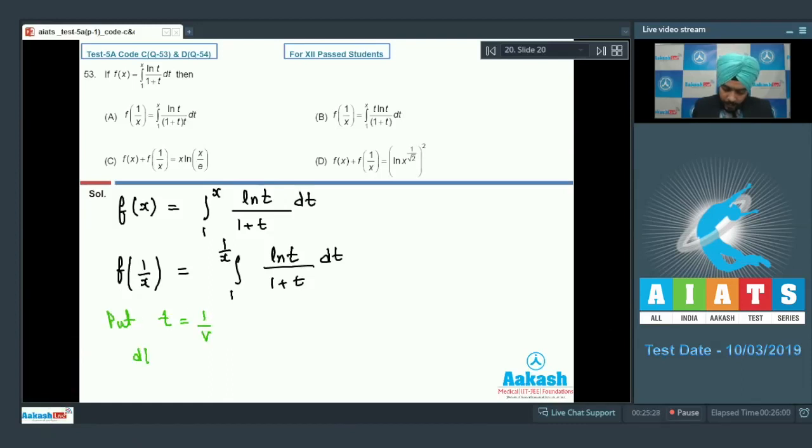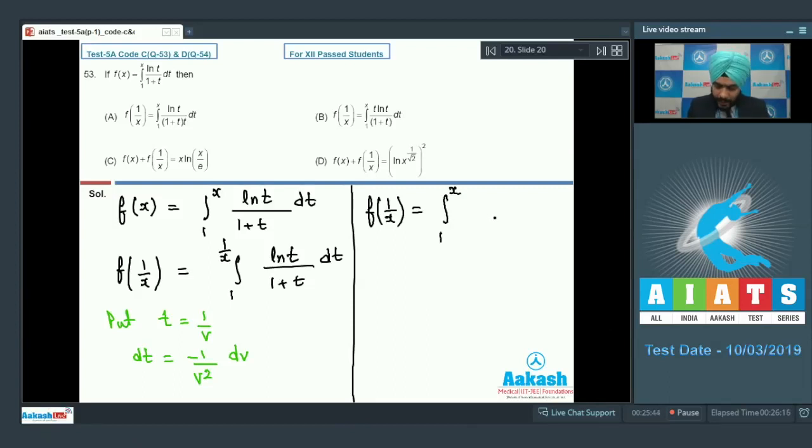So dt will be minus 1 by v square dv. So we have f of 1 by x as, when t is 1 by x, v is x. So integration 1 to x ln 1 by v, that is minus ln v, upon 1 plus 1 by v, that is v plus 1 by v, into minus 1 by v square dv.